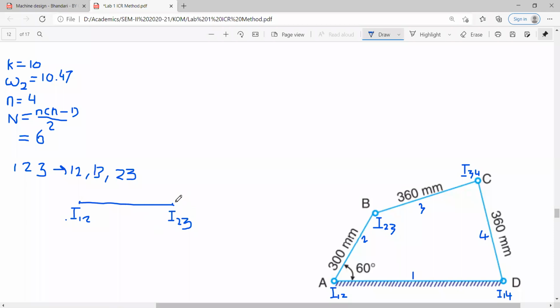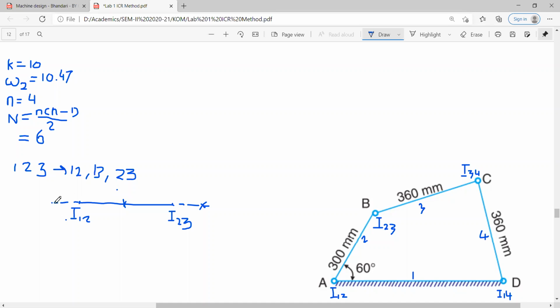I12, I23. I13 will be either in between these two points, anywhere, or this line extended in the right direction, the point may be here, or the same line extended on the left side.